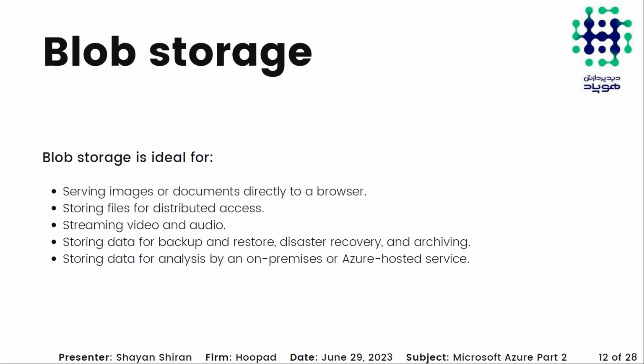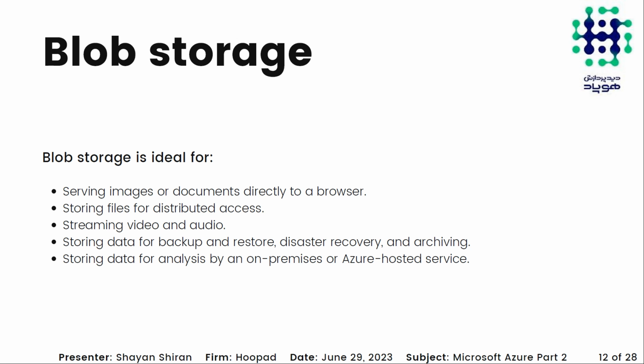And now let's talk about blob storage. I'm just going to mention a few things here because we are running out of time. Blob storage is ideal for serving images or documents directly to a browser. As I have said, Azure Blob Storage is a massively scalable object store for binary and, for example, text documents.